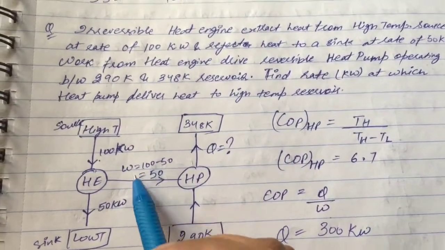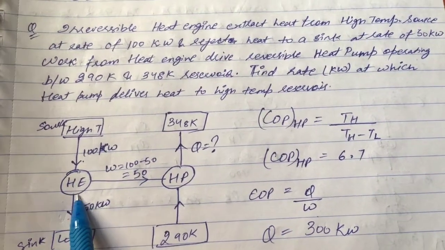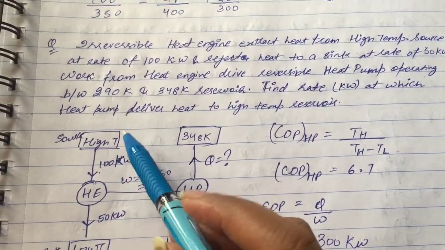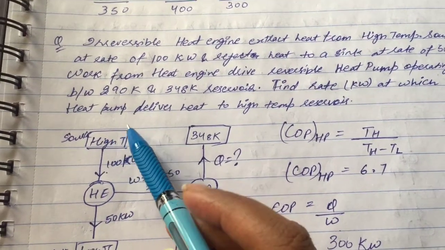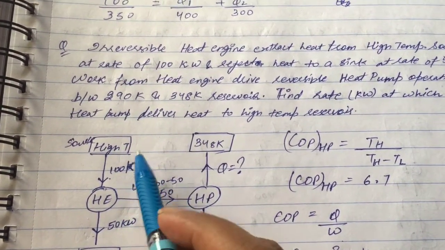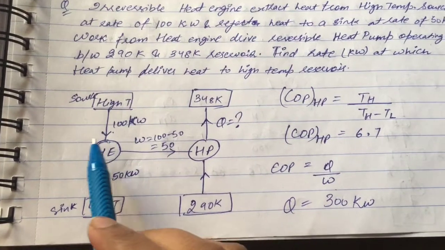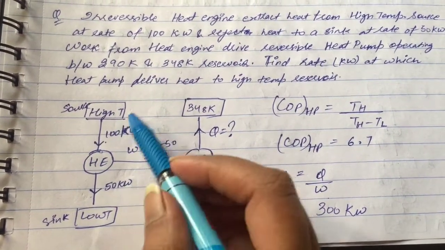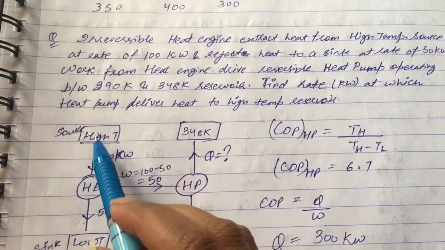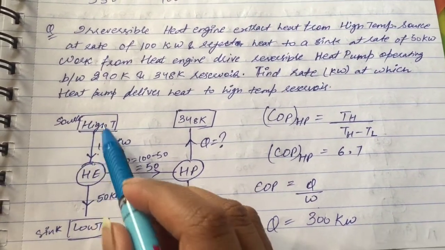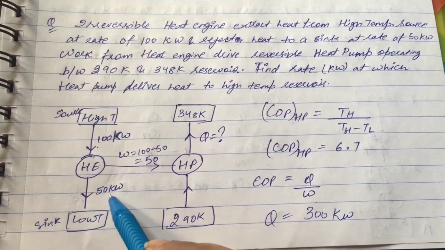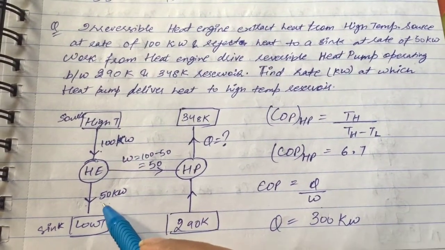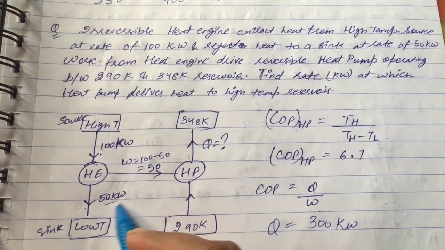So basically we have a heat engine and a heat pump, and the heat engine is operating between some temperatures. It is supplying 100 kilowatt of heat from the high source, and 50 kilowatt of heat reaches the low temperature sink.